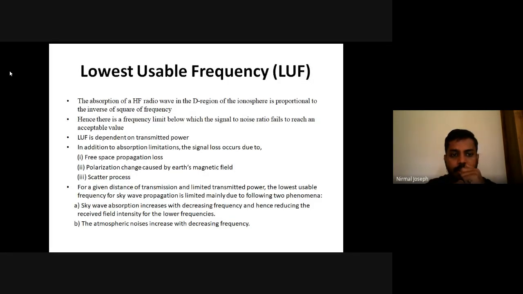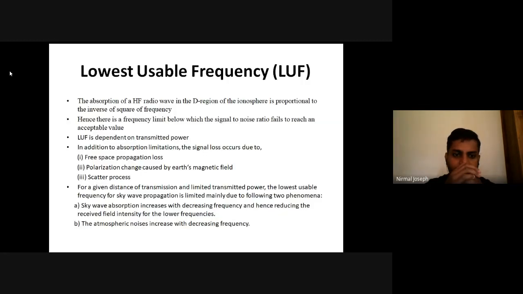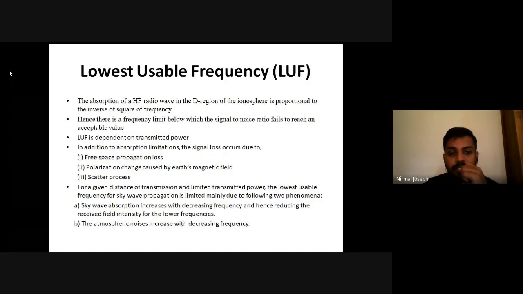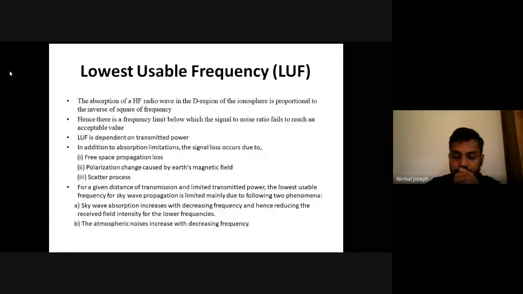That means if we are using a high frequency radio wave, why am I calling that a low frequency here? Because normally we are performing our ionospheric communication in the high frequency range, very high frequency range, and ultra high frequency range. So here the term high frequency means the frequency range.